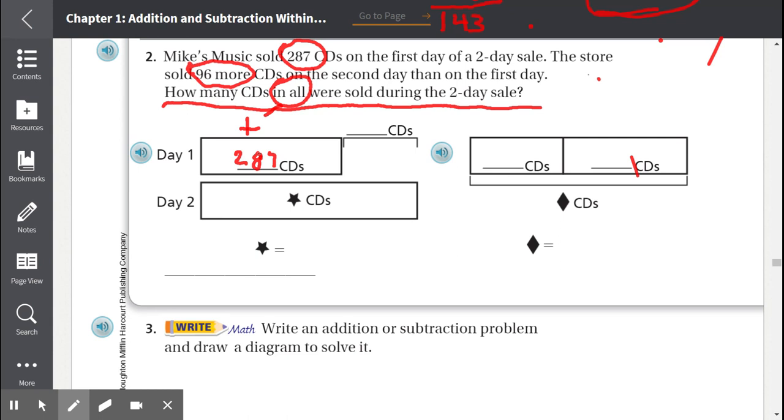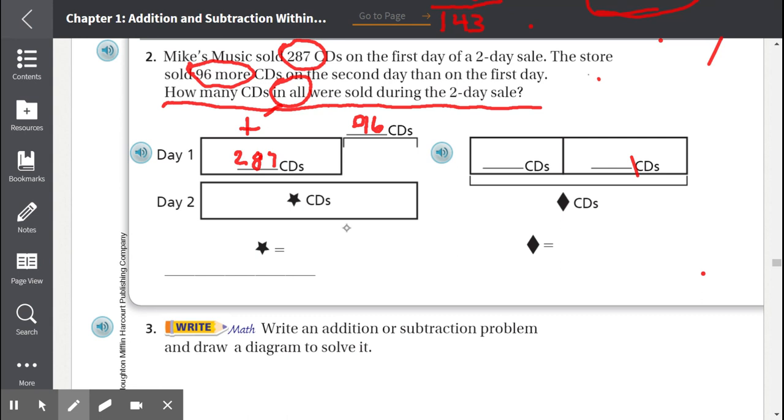So we're going to put 96 right here because together, the second day was the first day and 96 combined. So we combine the amount of CDs sold on the first day and 96 to get the total for day 2.